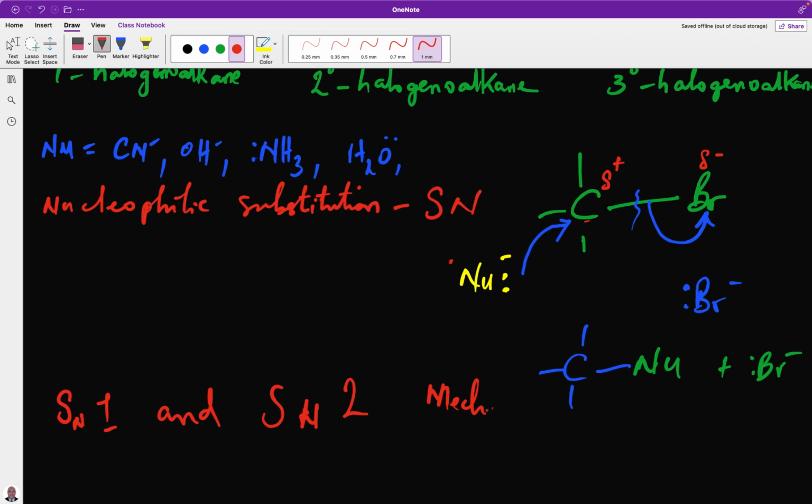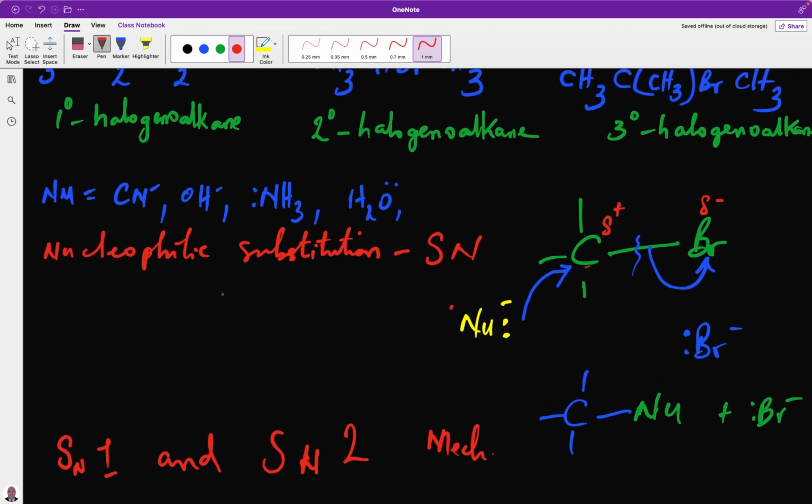What do you understand by an SN1 and SN2 mechanism? These are two different mechanisms. The SN1 mechanism will go depending on the structure of the halogenoalkane, and the SN2 mechanism will also go depending on the structure of the halogenoalkane.